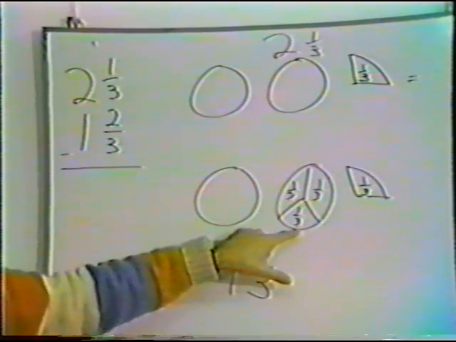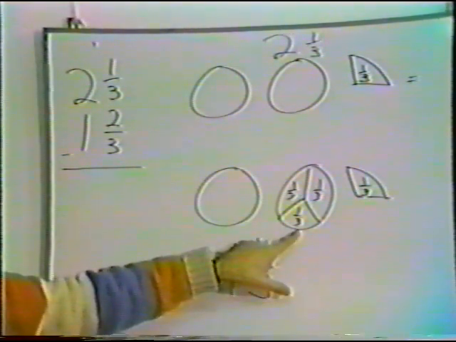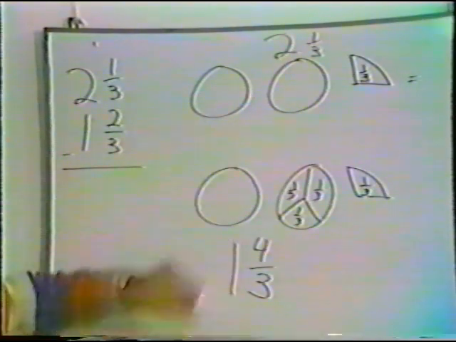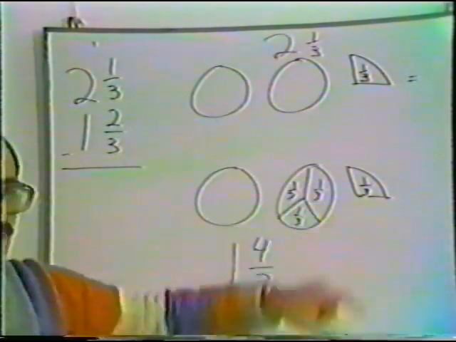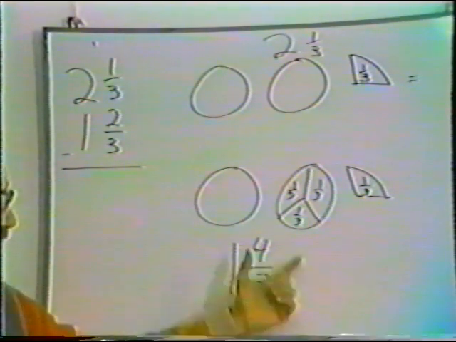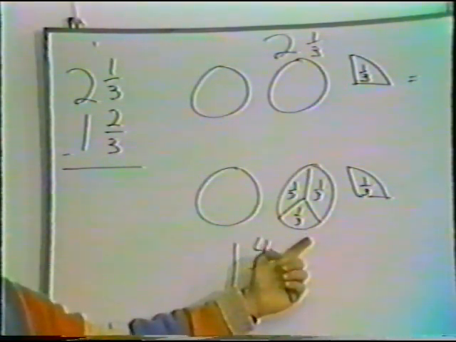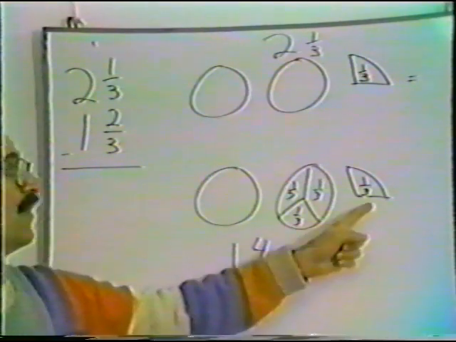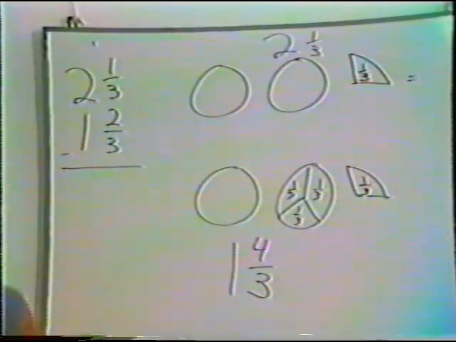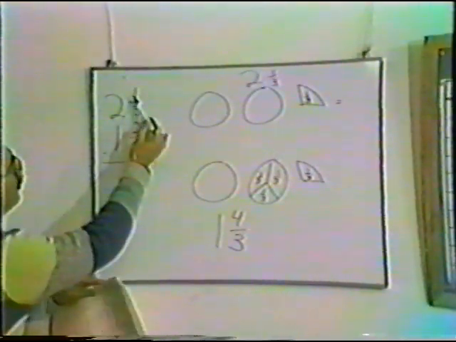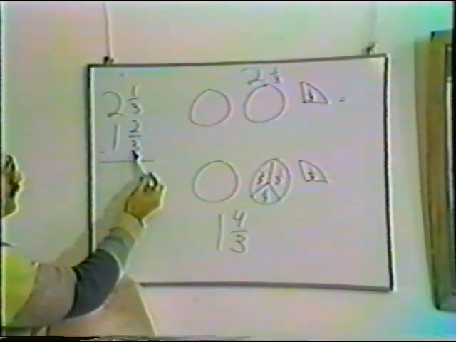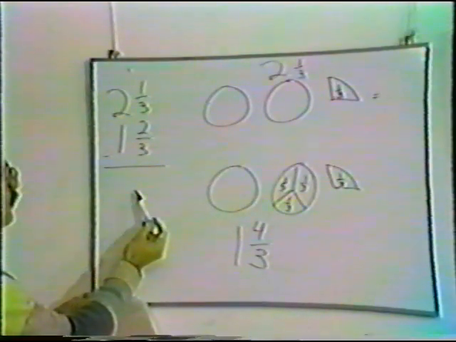We cut up one of those pies into 3/3. We have 1 and 1, 2, 3, 4/3 now. 3/3 for the pie we cut up, plus the 1/3 we already had makes 4. 1/3 take away 2/3 can't do.